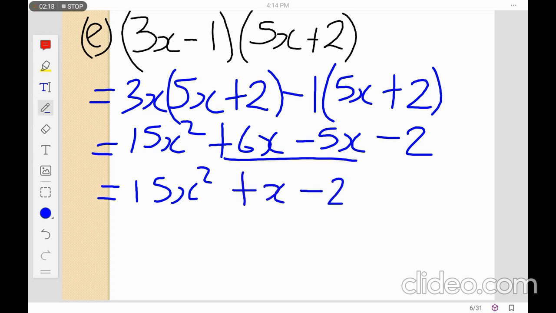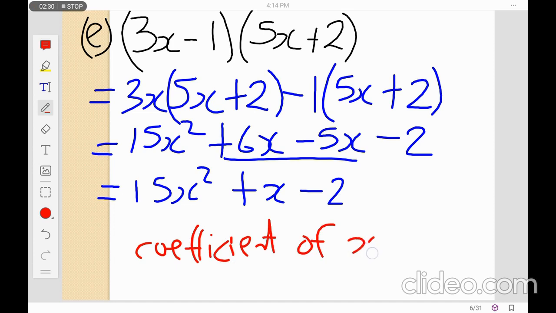So now we have solved. The coefficient of x is equal to, this is the x. When we have an x like this, it means there is a 1, which is silent. So the coefficient of x is 1. Even if you say it's plus 1, it's one and the same thing. Let's finish off.